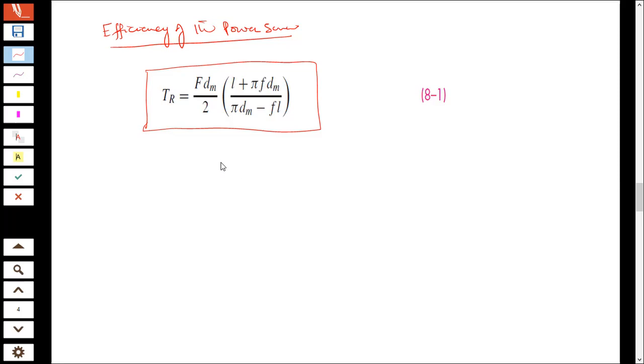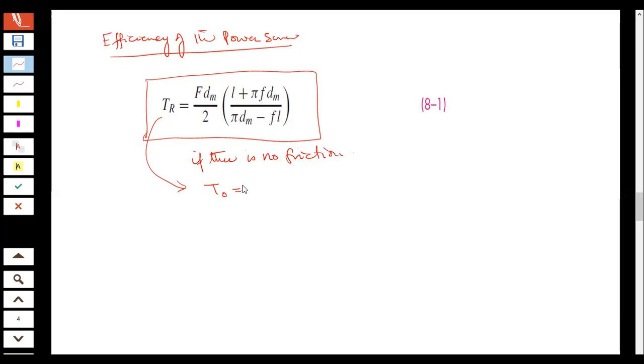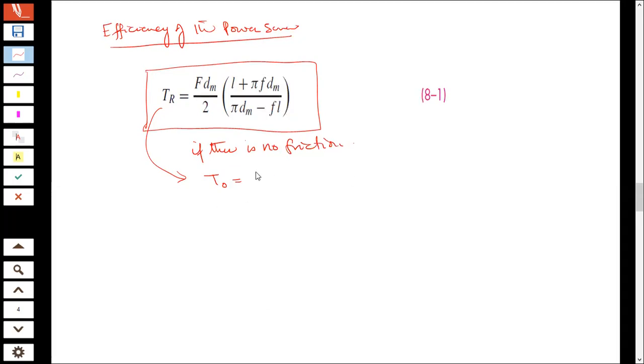If we can describe that scenario, that would be if there is no friction, right? So that will give us this T naught. I'll just write that down. That will be the torque required to raise the load when the friction is zero, right?